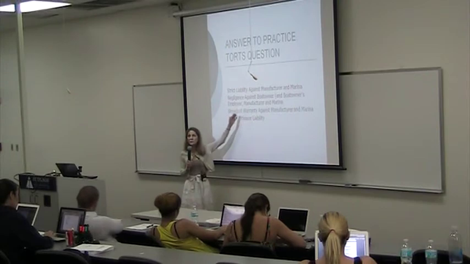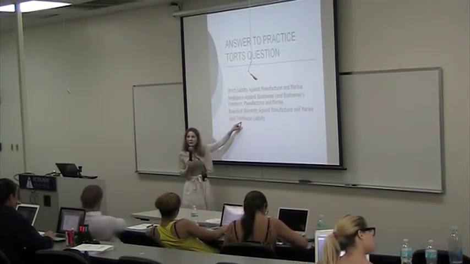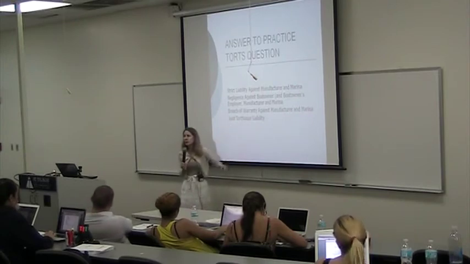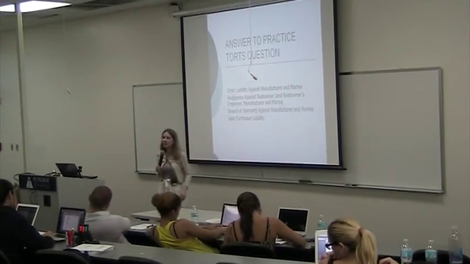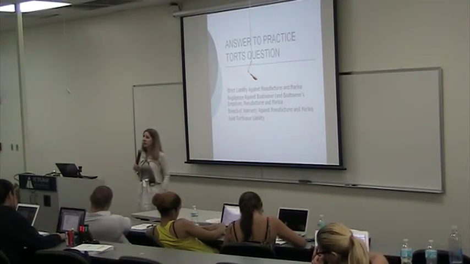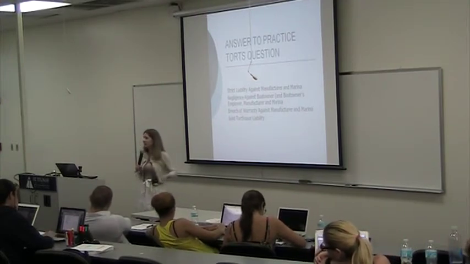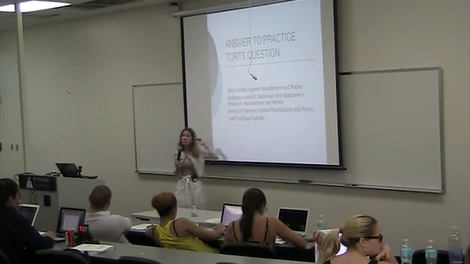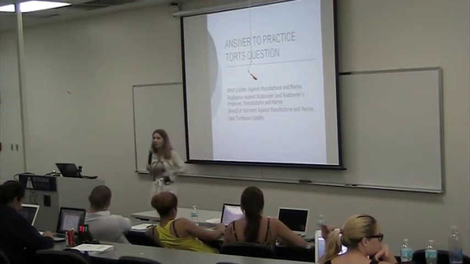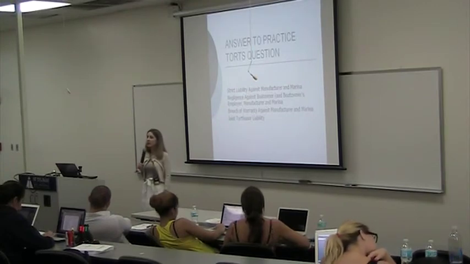You have to prove fault, but you don't have to prove any kind of privity, which you may still need for warranty. And Florida has some kind of funky rules on warranty. So again, I would present them in that order, going from strongest down, and I certainly would keep that pecking order in mind for MBE purposes.